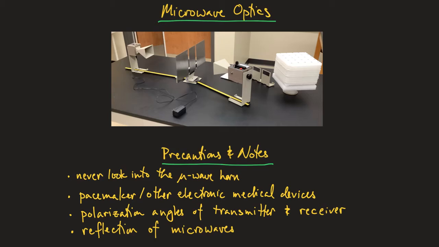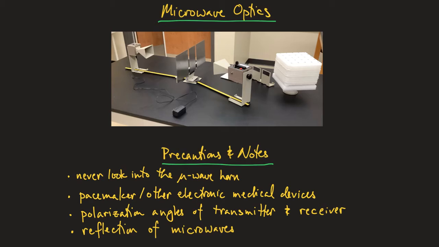Finally, you should note that microwaves will reflect off of other things in the vicinity. So for example, if you want to do a two-slit diffraction through these two slits here between these metal plates, you're really just wanting to look at the waves that are transmitted between these plates and then interfere with each other on the other side here.